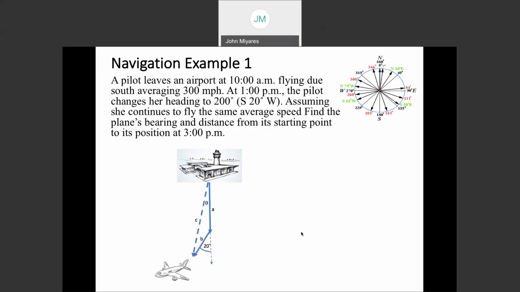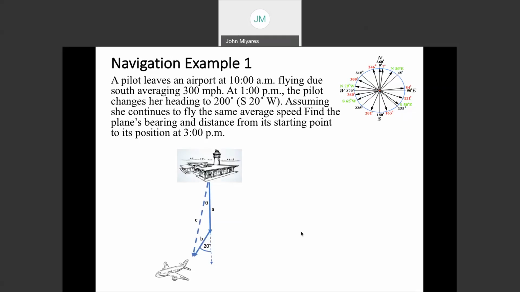Once we've drawn this out, we can label the three sides as A, B, and C. The angle that we're looking towards is going to end up, as we've marked here, angle theta. We could also call it angle B, depending upon how I've labeled the sides in this diagram.